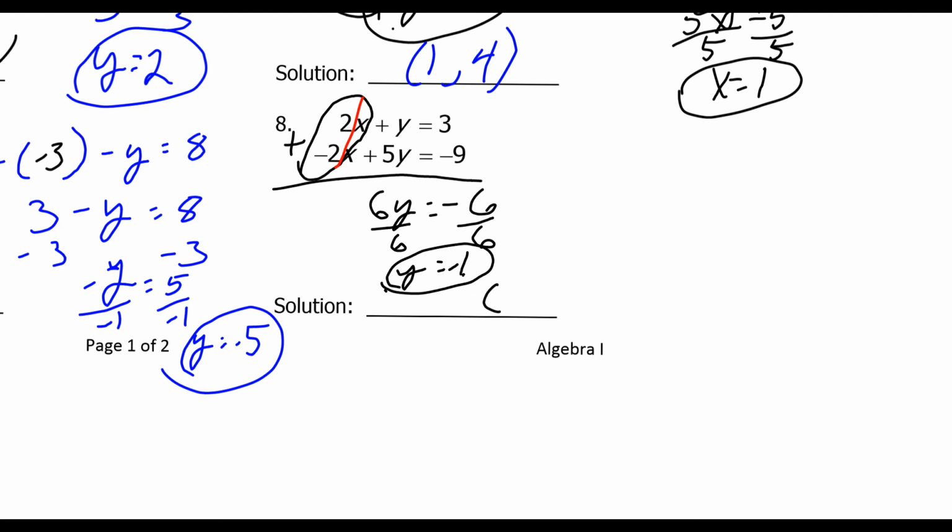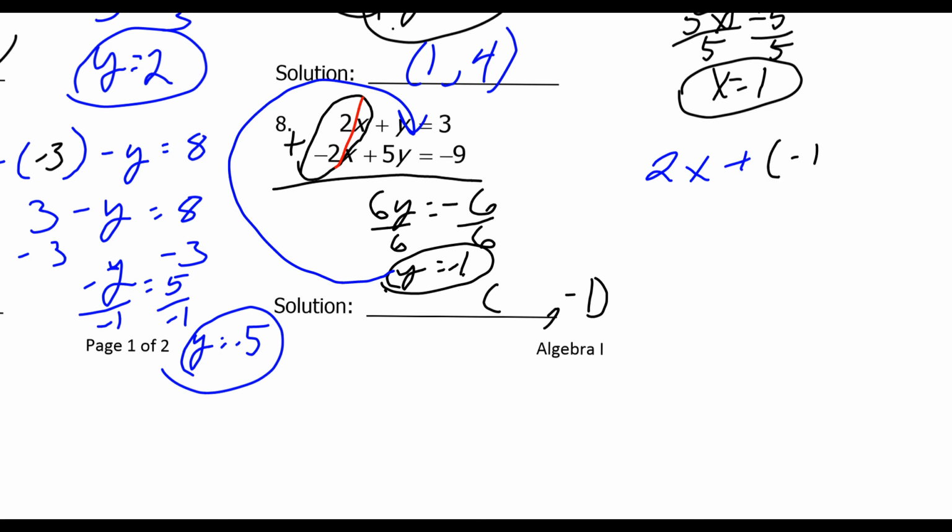So we know that we're going to have that part. Now we're going to take this negative 1 and plug it back in up here. Let's do this in a different color. When we do that, we're going to have 2x plus negative 1 equals 3.